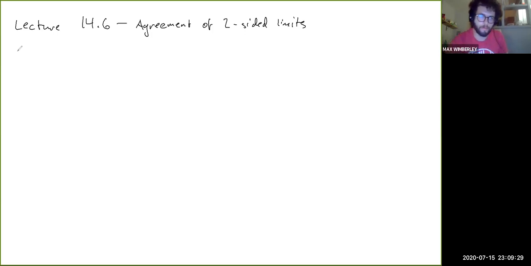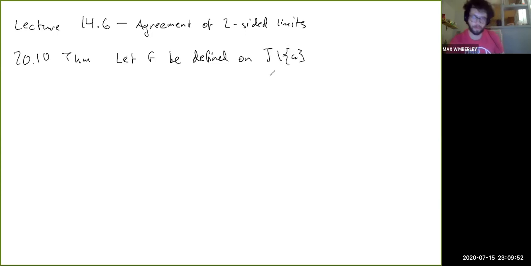So this is Theorem 20.10. Let f be defined on J without point a. Of course this means that a is a finite number, where J is an open interval containing a.